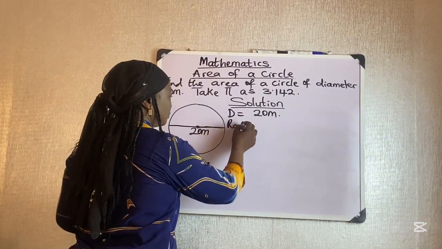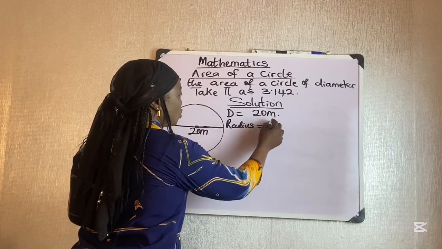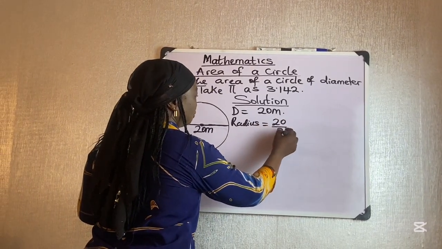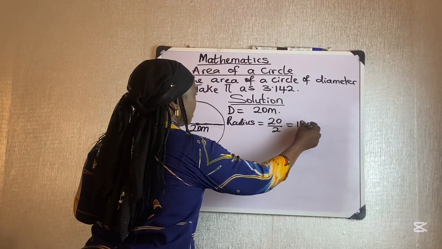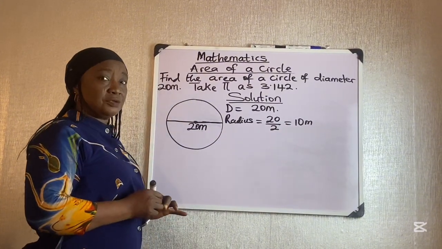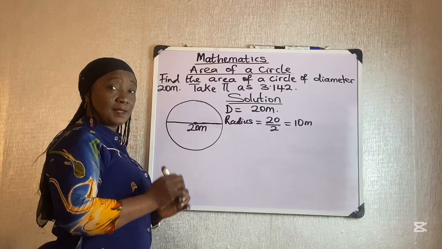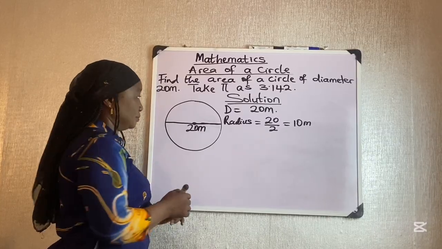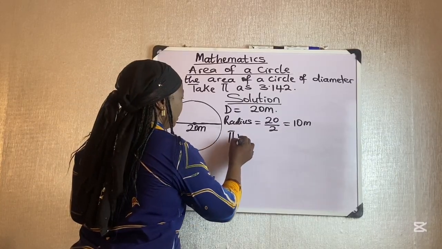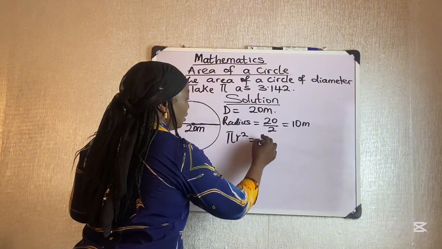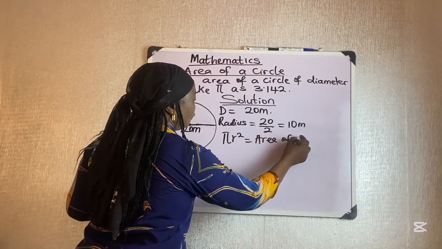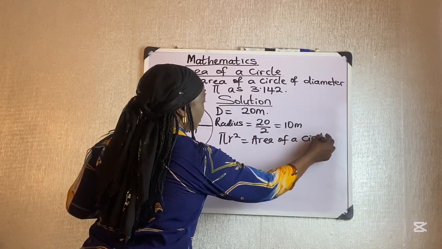Radius equals 20 divided by 2, which is 10 meters. You obtain radius, then you apply the area of a circle, which says pi r square. Pi r square equals area of a circle.